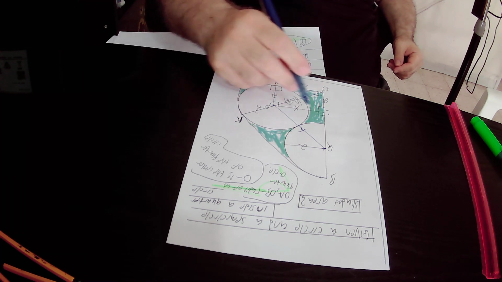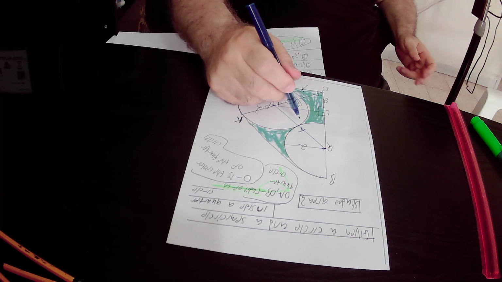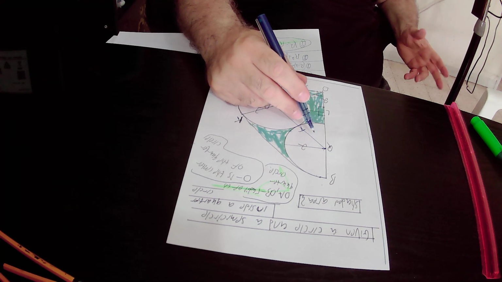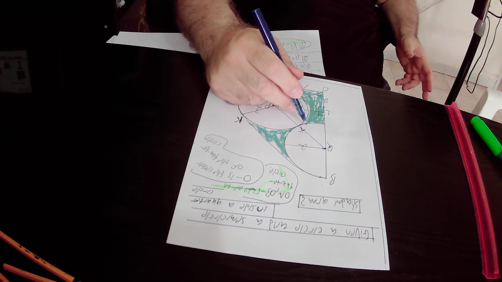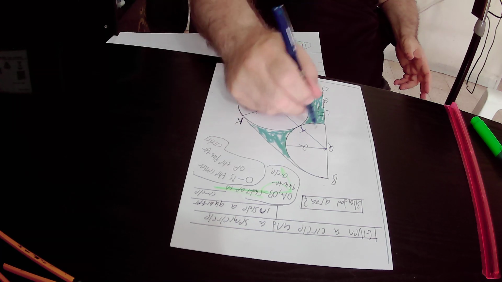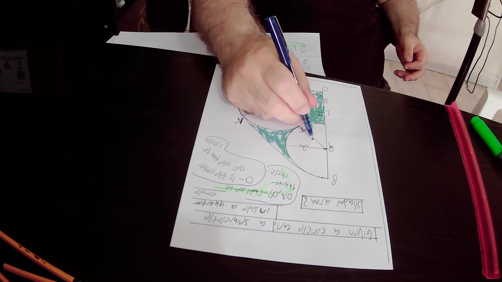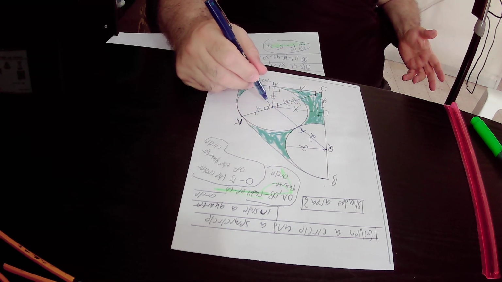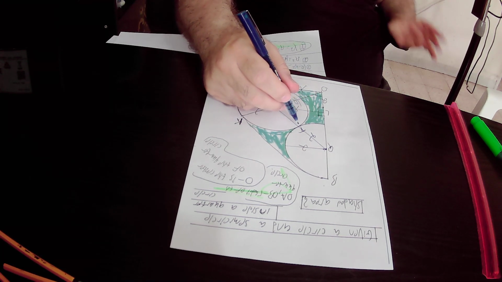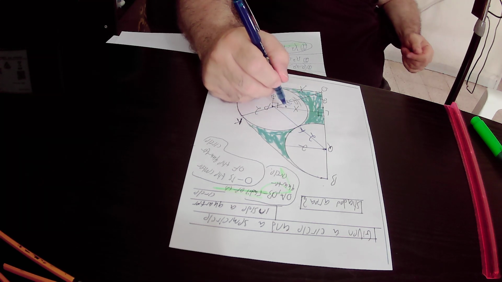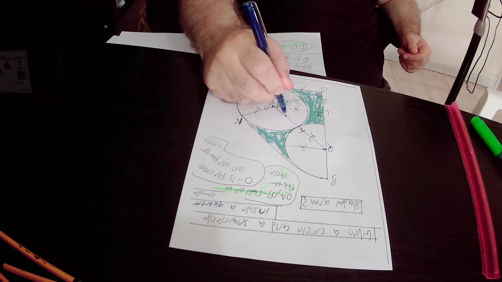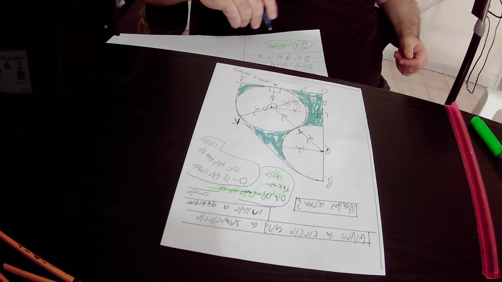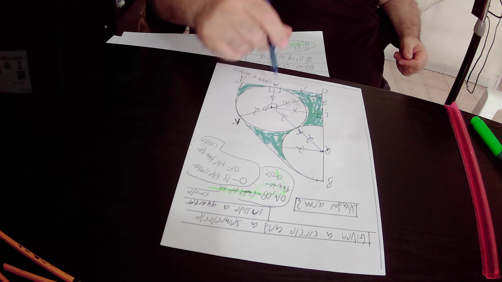Point Q is the center of the semicircle. Point T is a point on the semicircle itself. Therefore, QT is exactly the definition of a radius. QT is the radius of this semicircle that is equal to 2 units according to what is given in the question. Here, point P is the center of the circle. Point T is a point on the circle itself. Therefore, PT is the radius of this circle that is also equal to 2. So, in conclusion, we found out that QT equals 2 units and TP also equals 2 units.